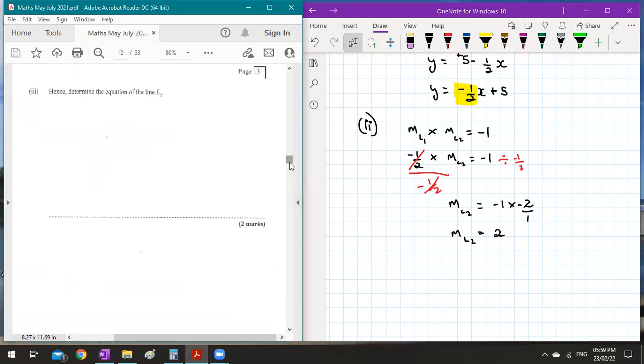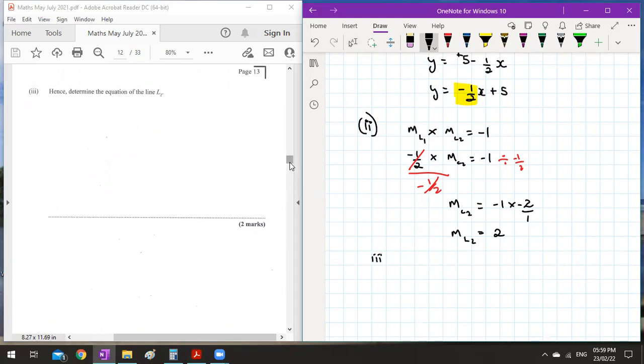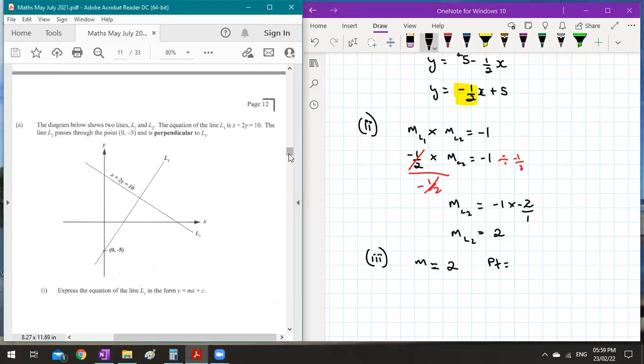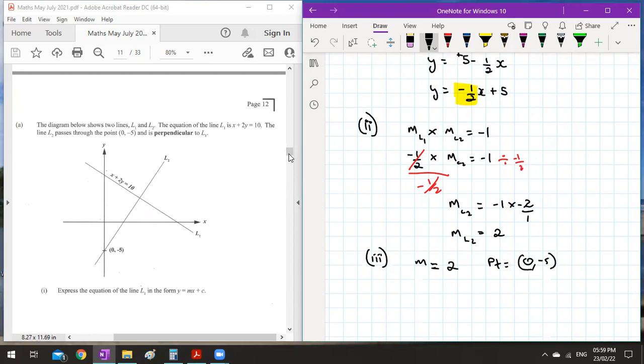Hence determine the equation of line 2. Now, we are given the gradient, which is 2, and we are given a point that it passes through. Let me just scroll up and get the point: 0 and -5.